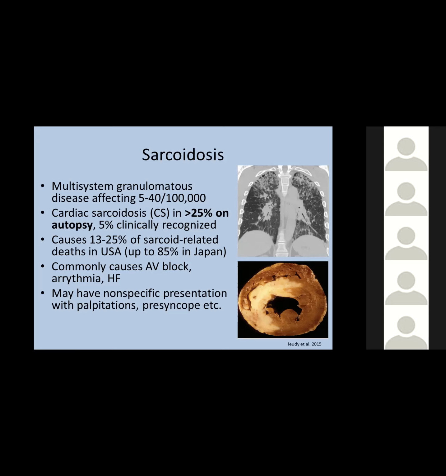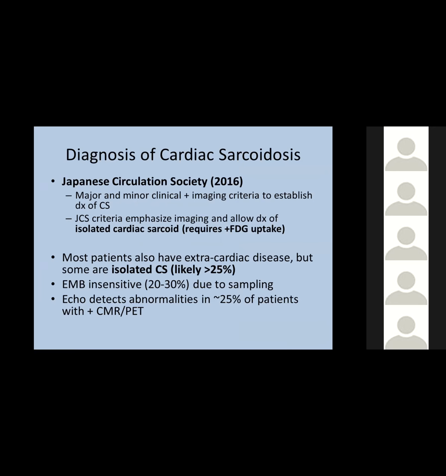It's found in 25% or more on autopsy. And then only about 5% of patients with sarcoid have clinically apparent cardiac involvement though. It does cause a disproportionate number of deaths because of its propensity to cause severe heart block and arrhythmia. But patients do often have a non-specific presentation with palpitations and presyncope and things like that.